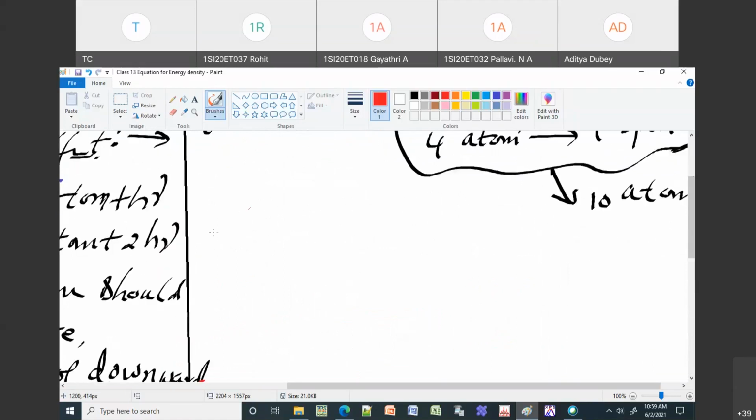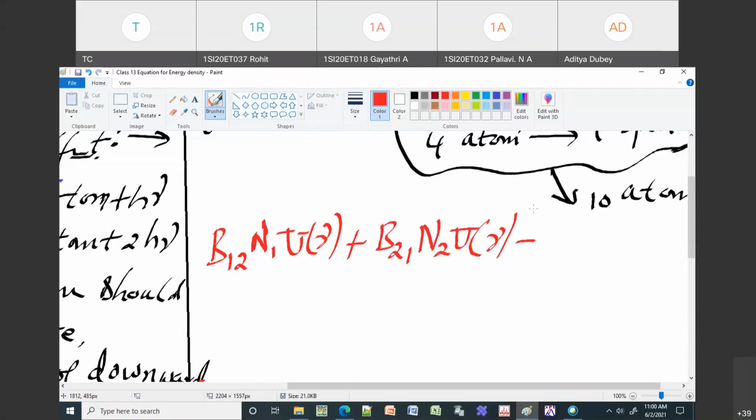So you will have B12 N1 U of nu plus B21 N2 U of nu equal to A21 N2. I'm just rewriting those things, keeping some on the left, some on the right.